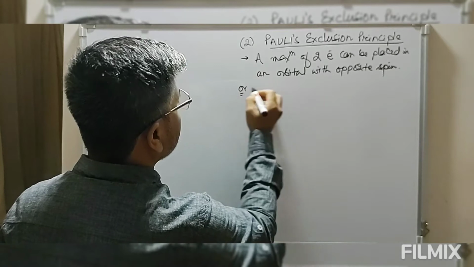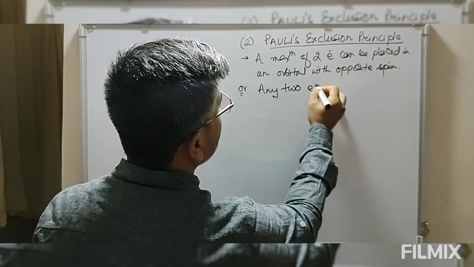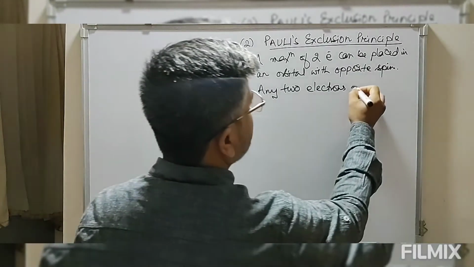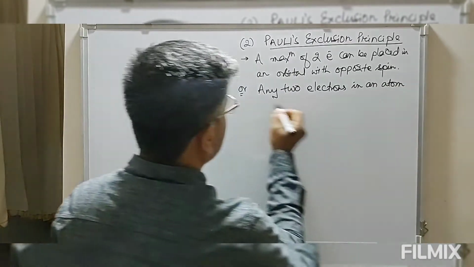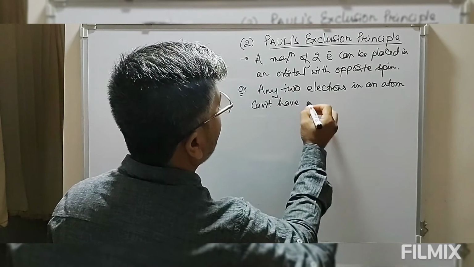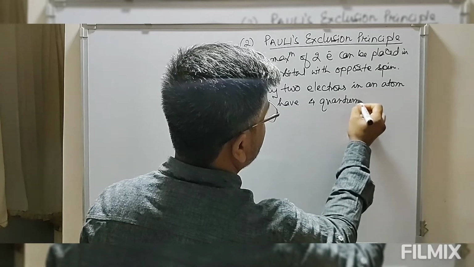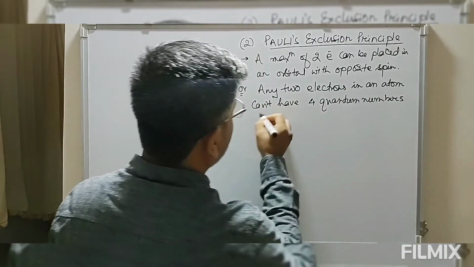Or we can say: any two electrons in an atom cannot have 4 quantum numbers alike.